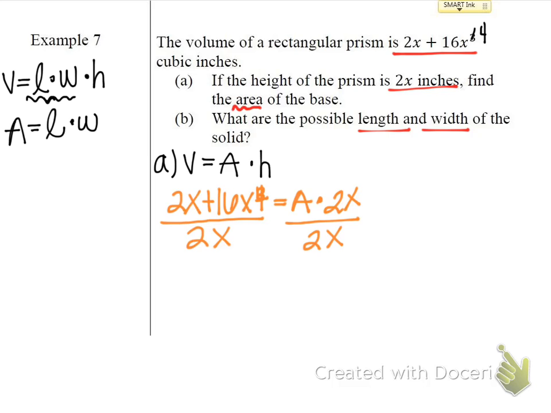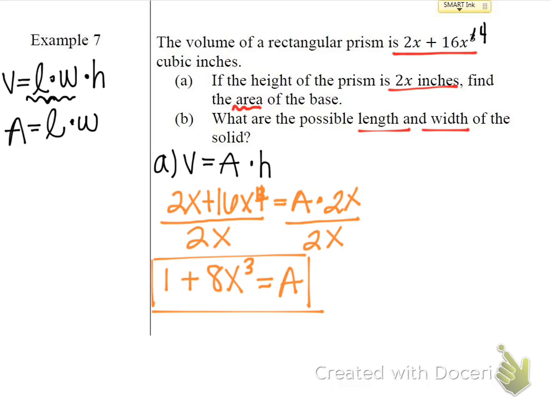So then when I divide by 2x, 2x divided by 2x leaves me with 1. And 16x to the fourth divided by 2x is plus 8x to the third equals area. So I had made a typo on here.